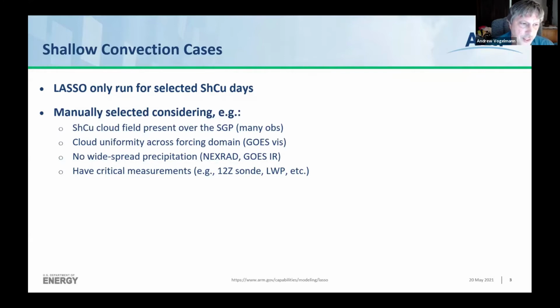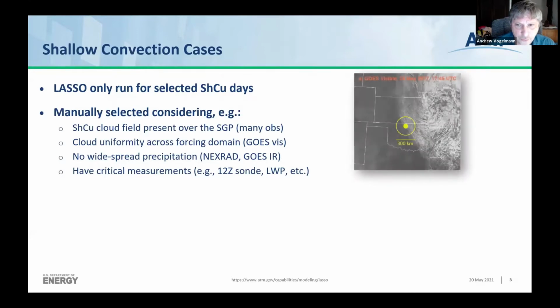First, of course, is that shallow convection clouds need to be present over the Southern Great Plains Central Facility. To make that assessment, we use many different observations, which I don't have time to get into right now. Second thing is that we want to see cloud uniformity across the domain. And this is particularly important with regards to the forcings.